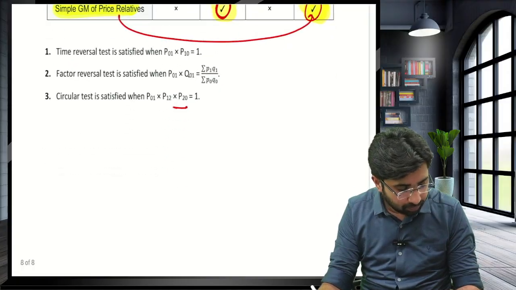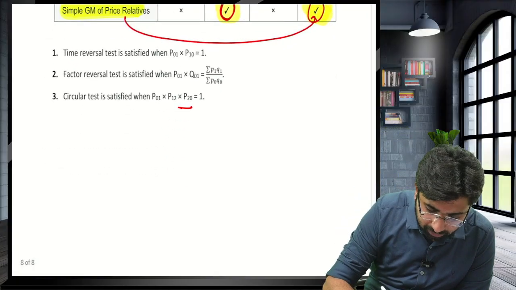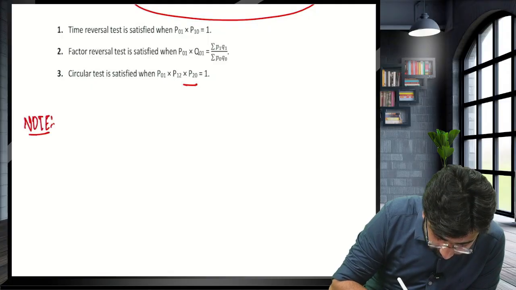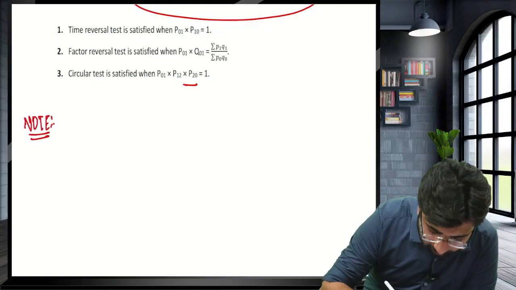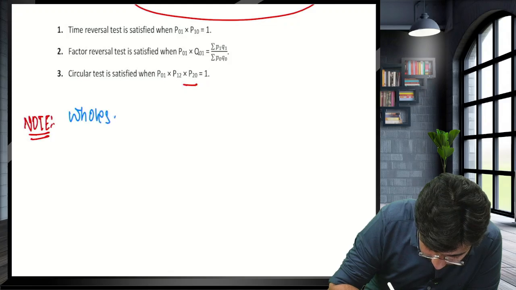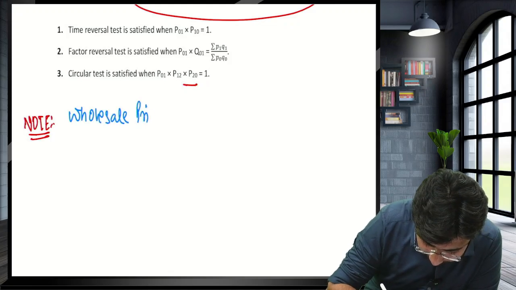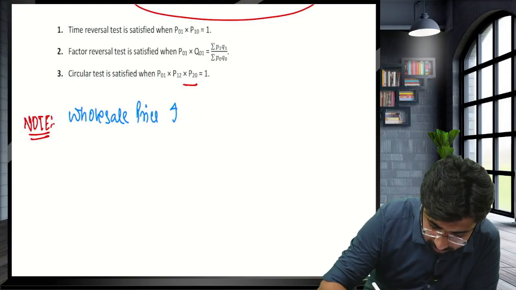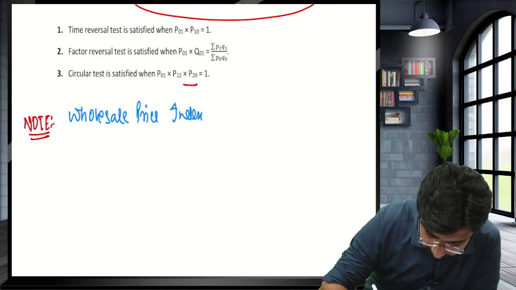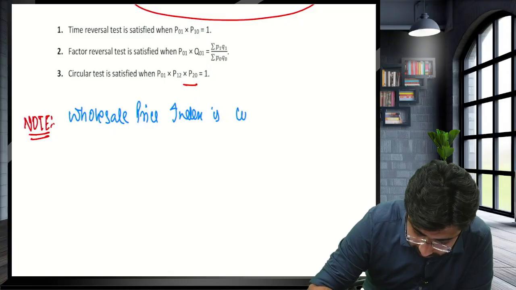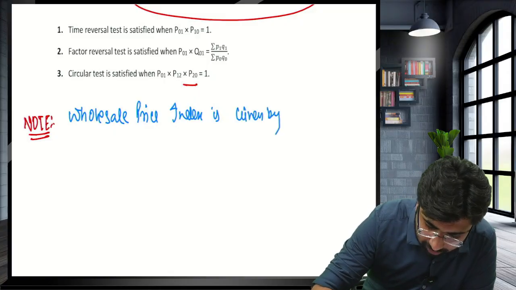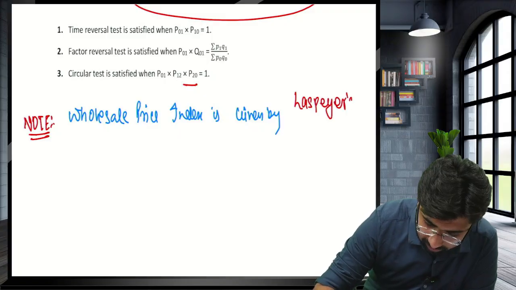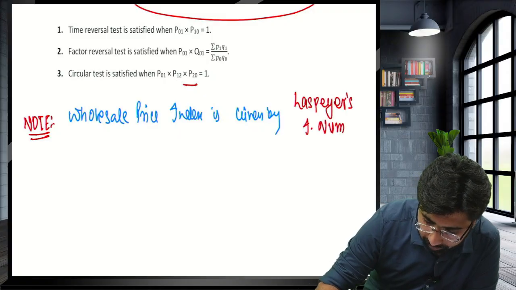Write down one note. The wholesale price index is given by last year's index number.